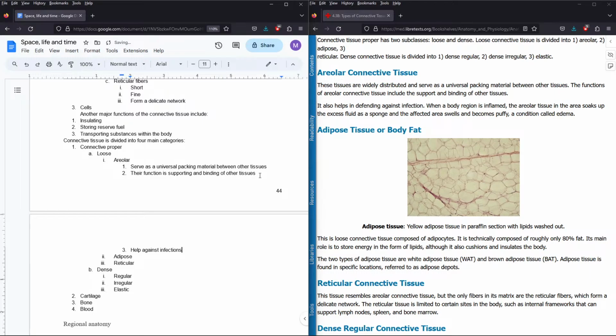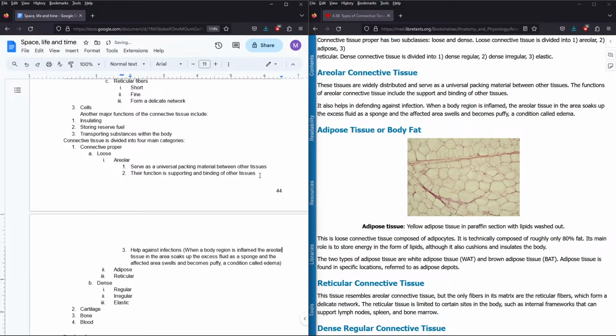When a body region is inflamed, the areolar tissue in the area soaks up the excess fluid like a sponge, and the affected area swells and becomes puffy, a condition called edema.